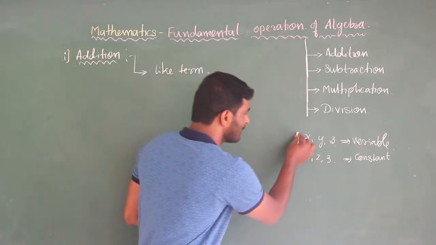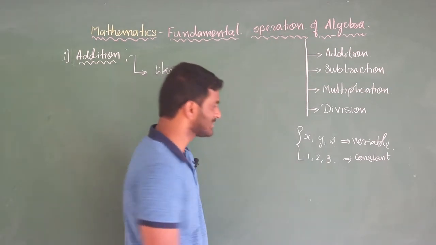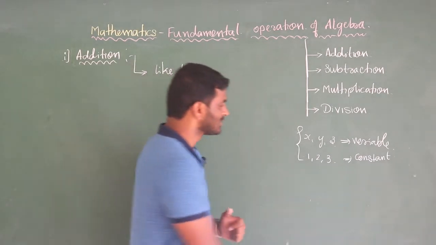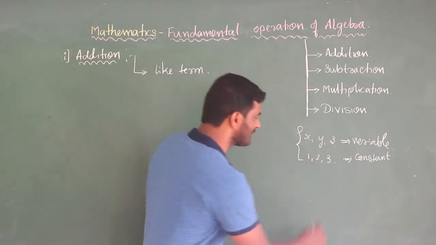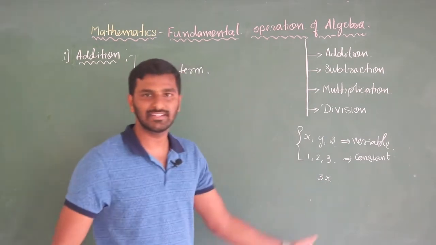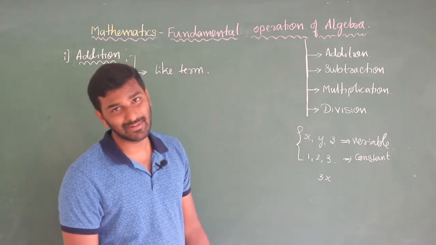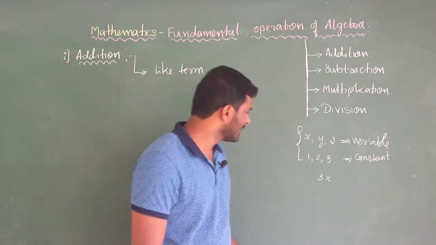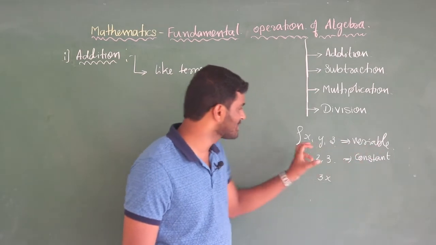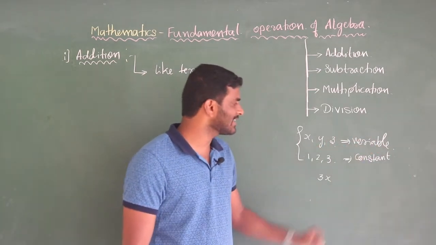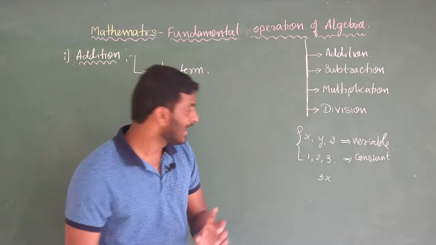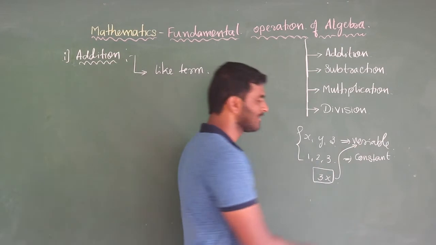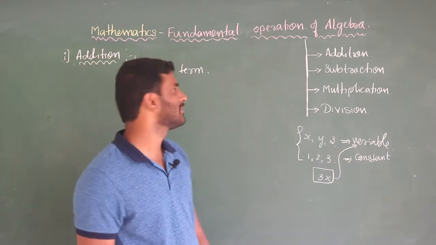One more important thing when taking a variable and constant: x, y, z, a are variables, and 1, 2, 3 are constants. If it is 3x, is it a variable or a constant? 3x is also known as a variable.